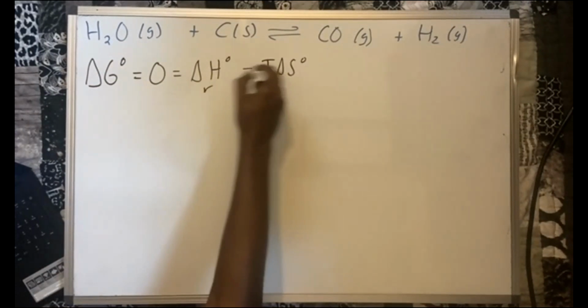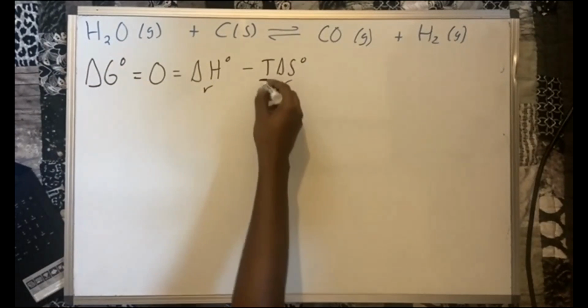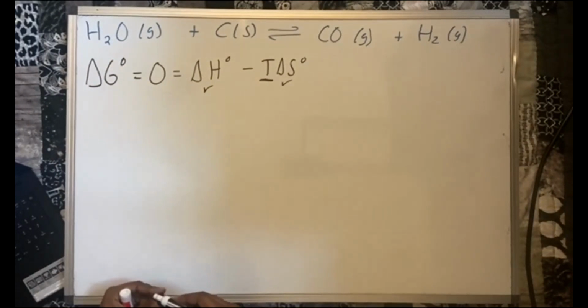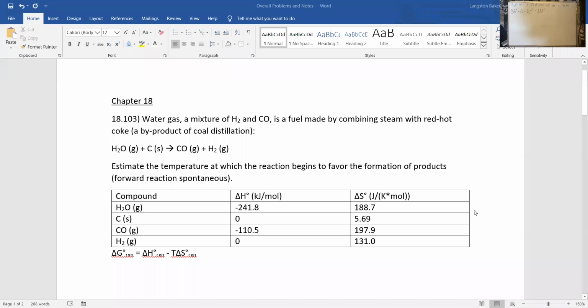Because you can find H, you can find S, then now you just need T. So looking over here, let me make sure, is this balanced to 1? Yep, okay.